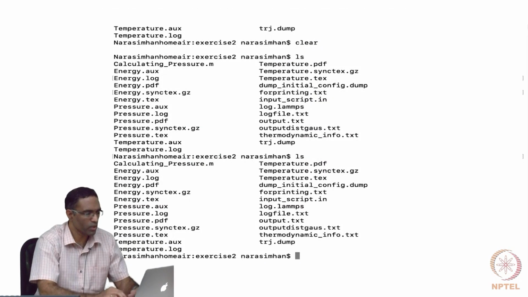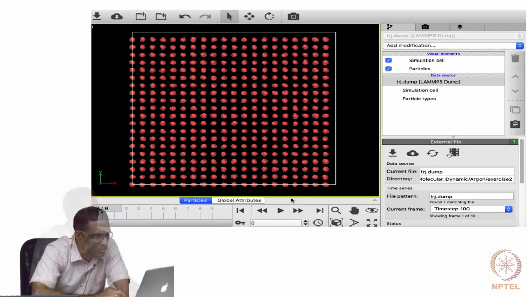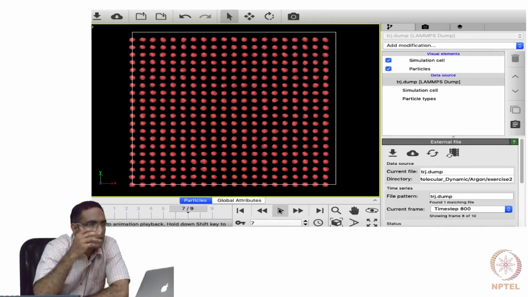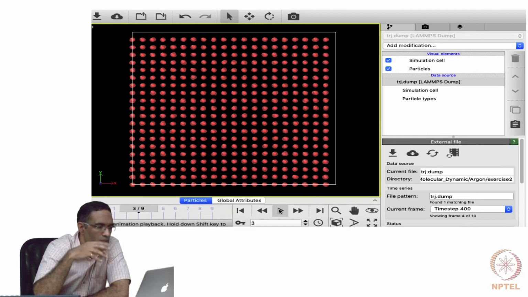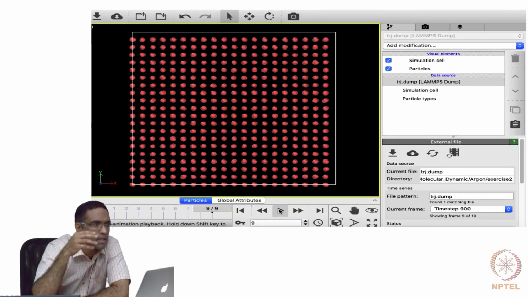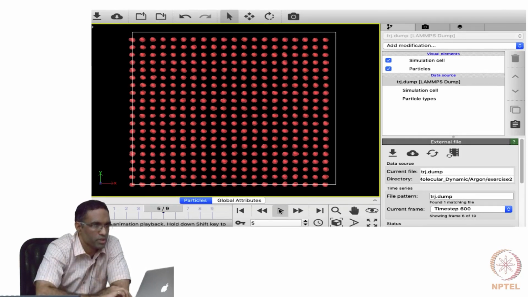Now let us take a look at our trajectory. You can see some movement, in contrast to what you saw yesterday, where the atoms were not moving at all. This is because now the atoms are being integrated and you are getting new positions and velocities for all these atoms, and they are jiggling about their mean positions.